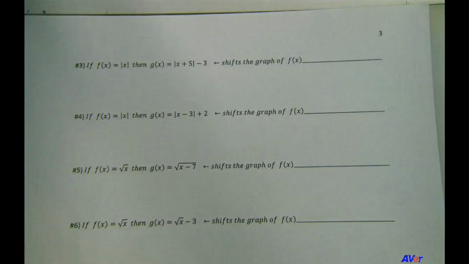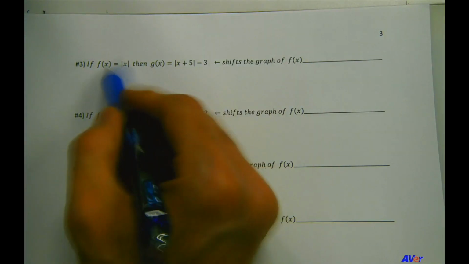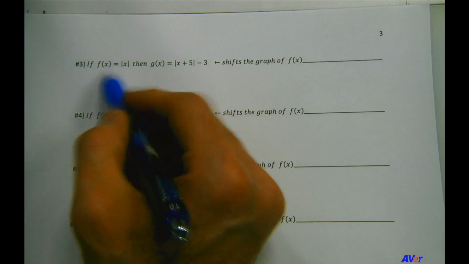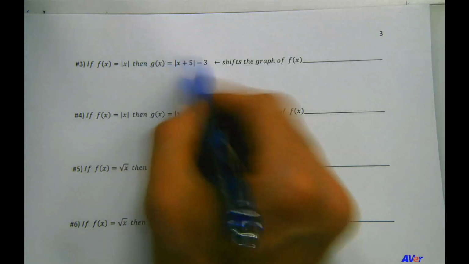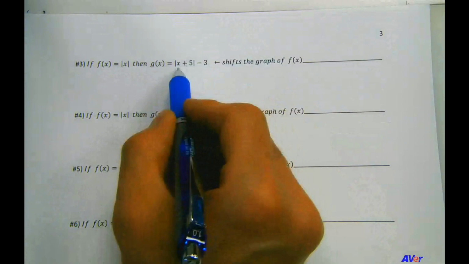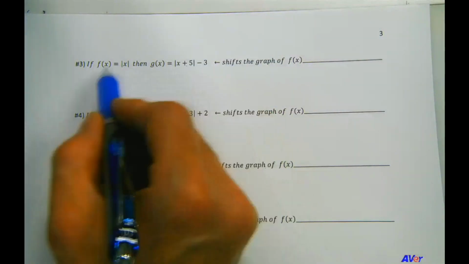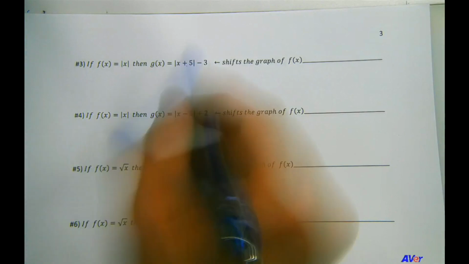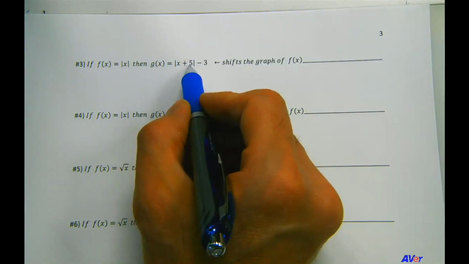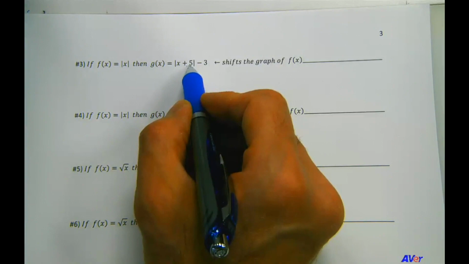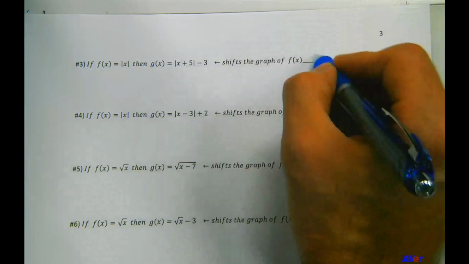So the next one for us, it says if the absolute value function is the f of x function, then how does g of x transform the original absolute value function? Well, we have x plus 5, so we have 5 units movement horizontal. In which direction? Left or right?